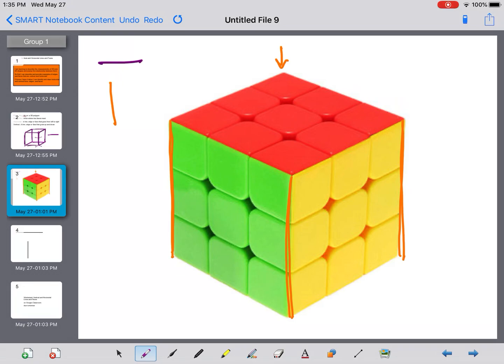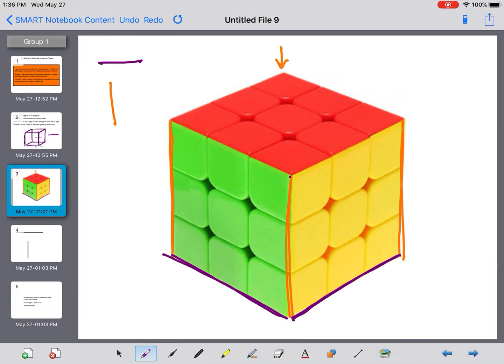Like I said, if we're talking about a 2D shape, a horizontal line will look just straight like this, from left to right. But because we're working with a three-dimensional shape, we have to use our mind's eye to imagine that this shape is actually three-dimensional. And if it were, this would be a horizontal line.